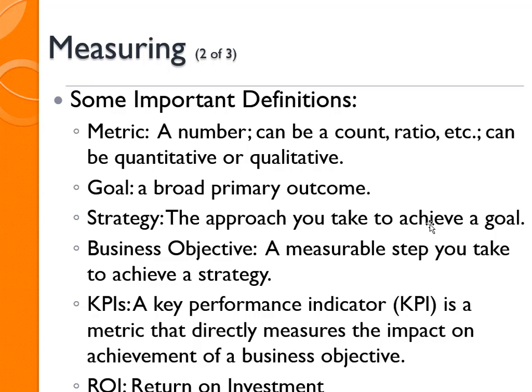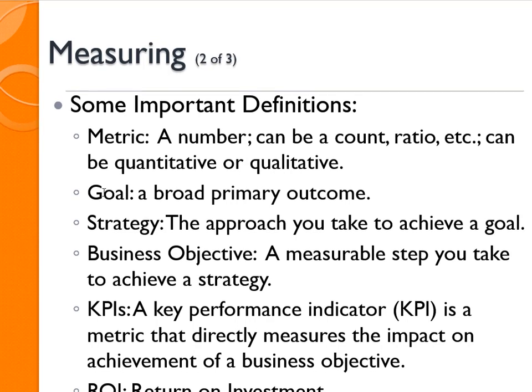Then from a business perspective, we look at KPIs. KPIs are key performance indicators, and that is a metric that directly measures the impact on achievement of your business objective. So for us, it might be sales. Are sales increasing or not? And then we've talked about ROI, which is that return on investment.